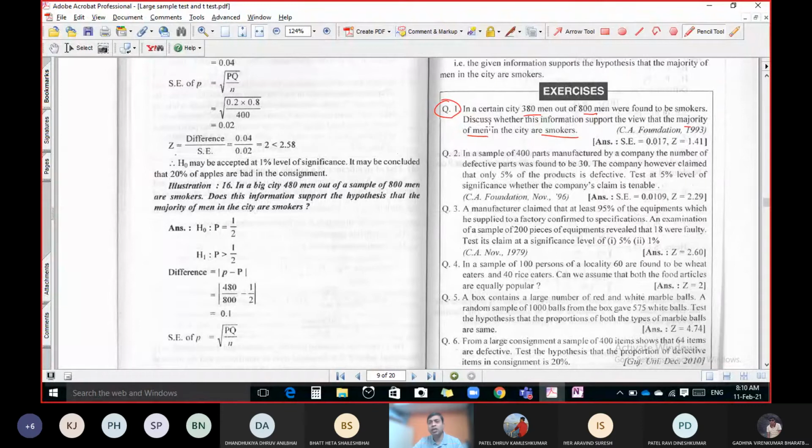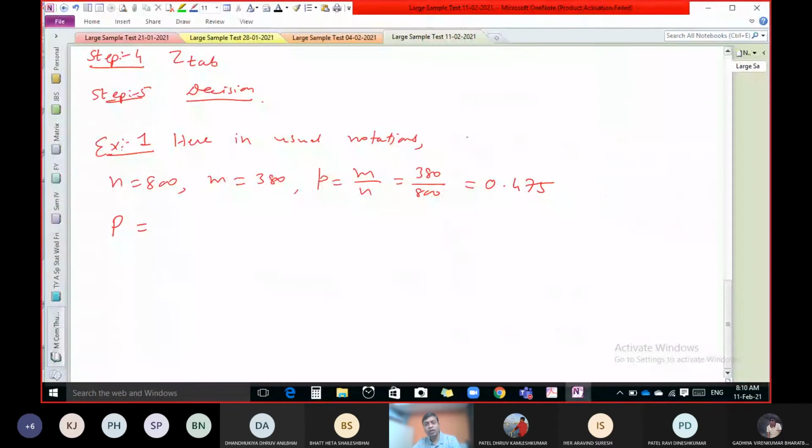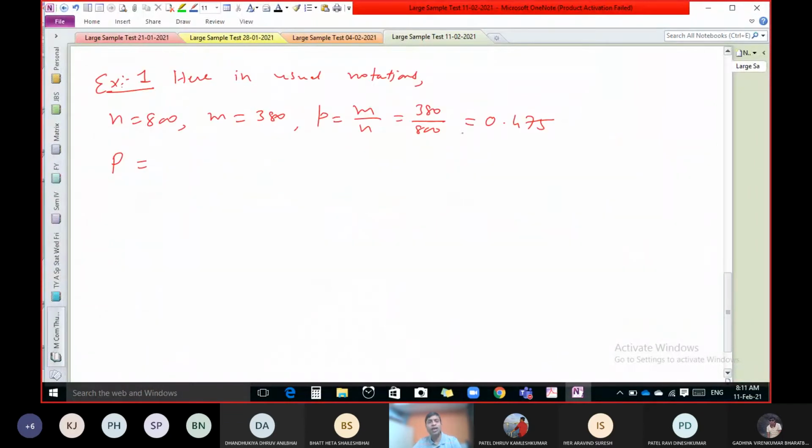And from this particular sentence, you will get the idea about capital P. Majority of the men in the city are smokers. So how can we say that majority of the men are smokers? What is the criteria for majority? More than 50%.